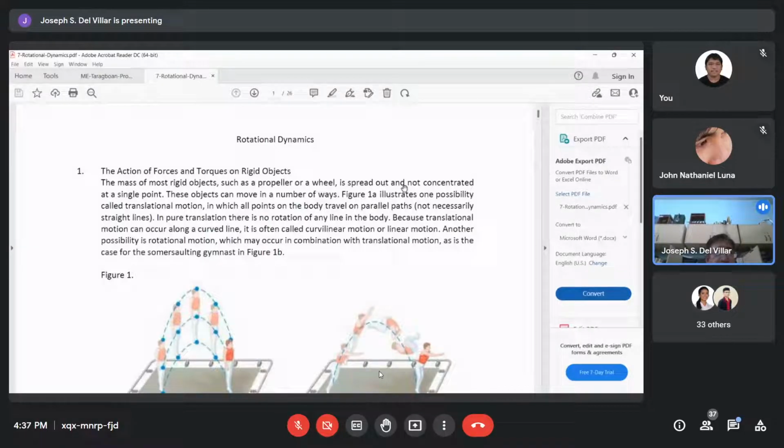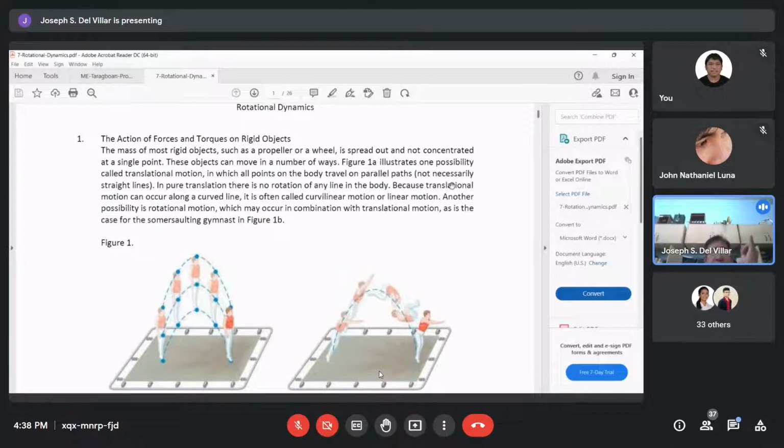So look for 5 problems about rotational dynamics and then solve.